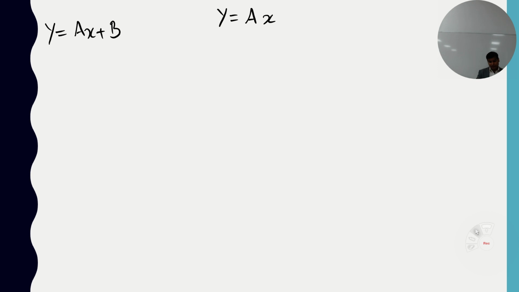Maybe you might be familiar with another form where we say y equals beta naught x plus beta 1 for some linear relationship. In this case, we assume that the dividing line passes through the origin, so we don't have the term b.